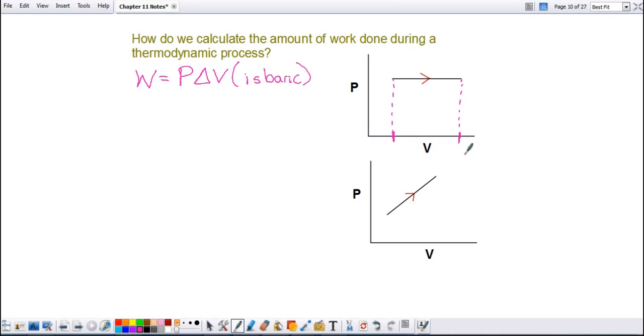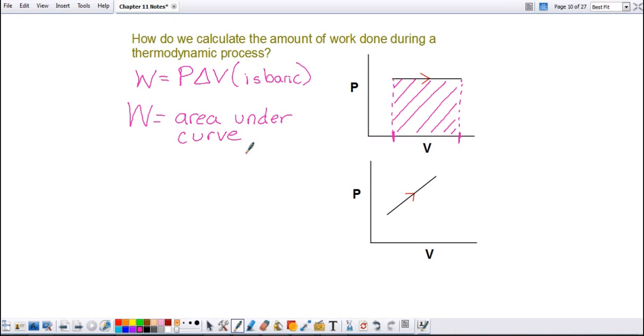Here, if I take the pressure and multiply it by the change in volume, what I'm getting is the area under the curve. So work is equal to the area under the curve, between the line and the x-axis.